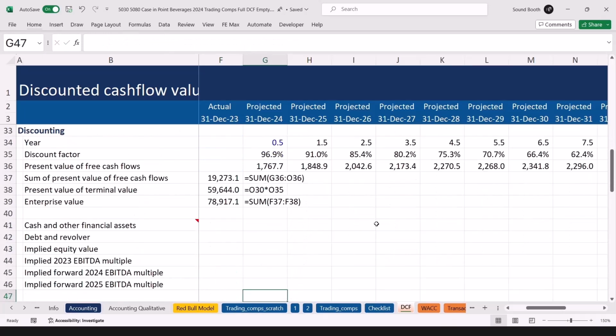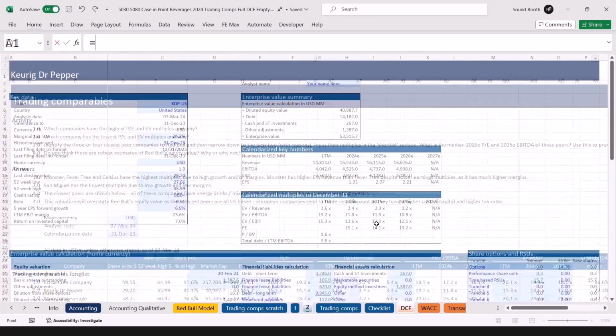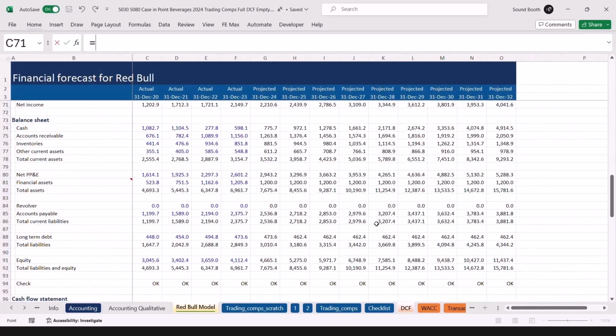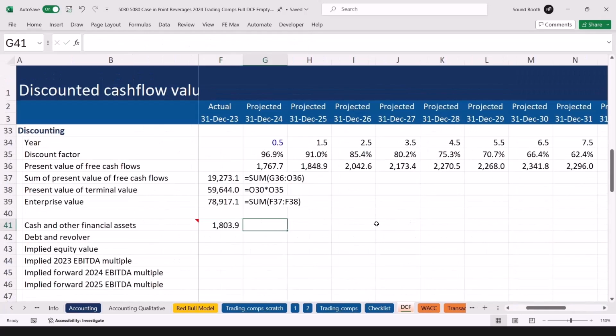And then once we've got the implied enterprise value, we can then cross the bridge to the implied equity value. So I'm going to add cash and any other financial assets, and we've got some long-term financial assets. So I'm going to go to the balance sheet in the model, and I'll pull in the last historical cash balance, and I'll also pull in the financial assets number as well.